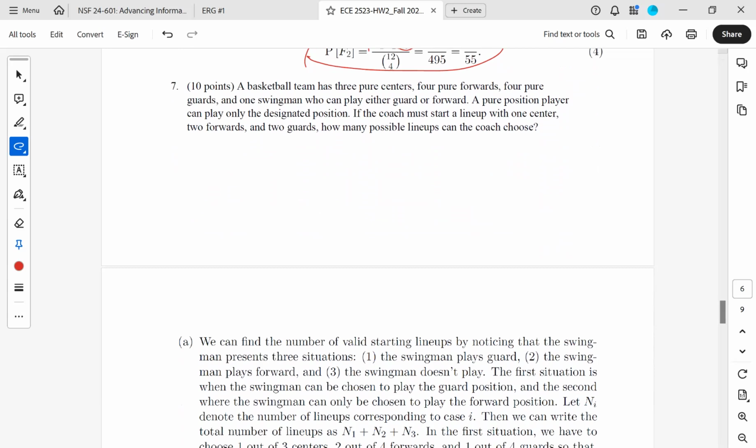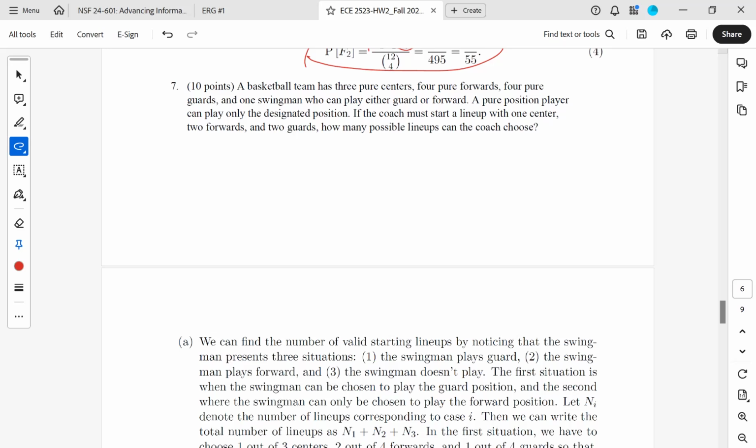It says that we have a basketball team, okay? And in our team, we have 3 players that could only play as a center. We have 4 players that could only play as forward, and we have 4 players that could only play as guard, okay?